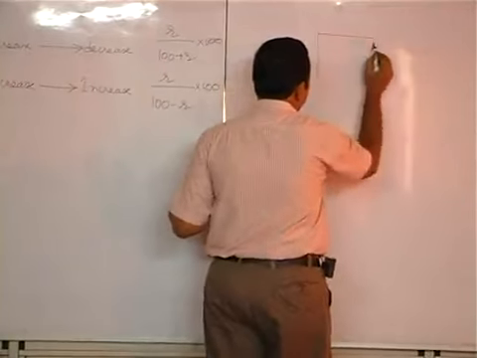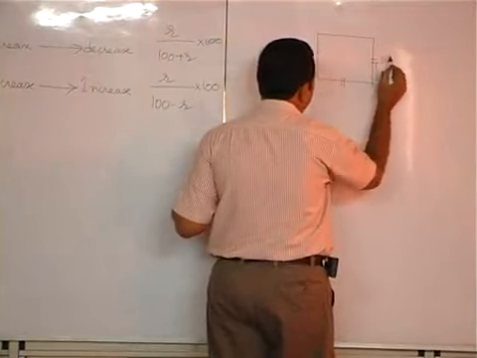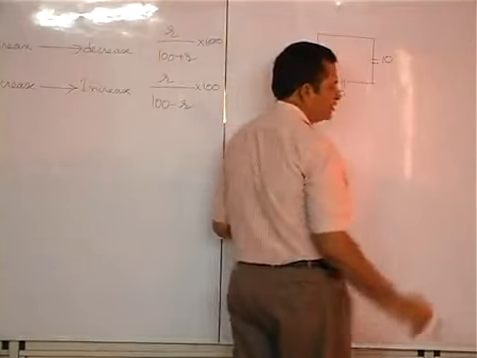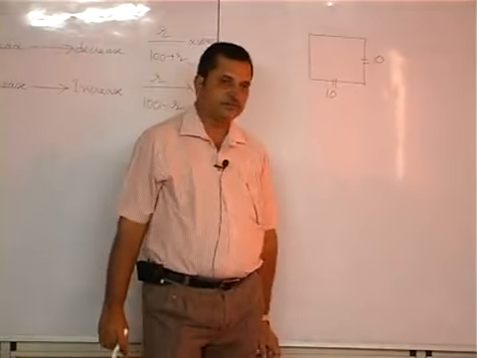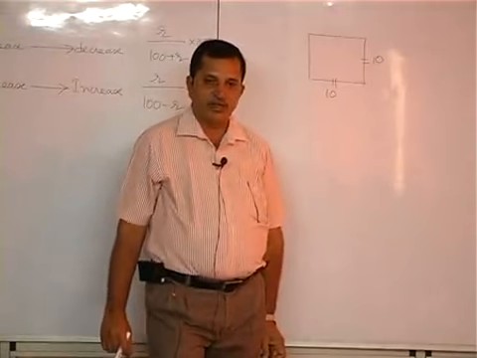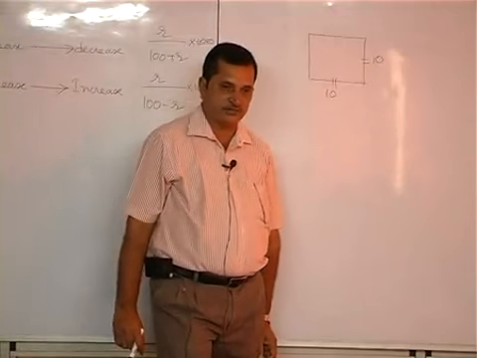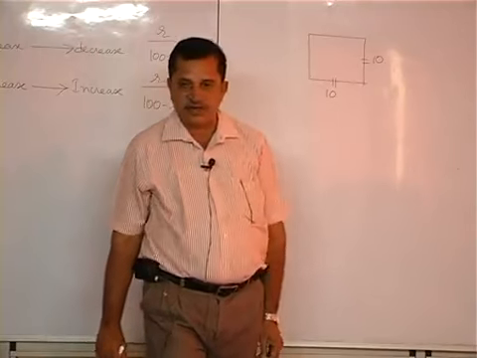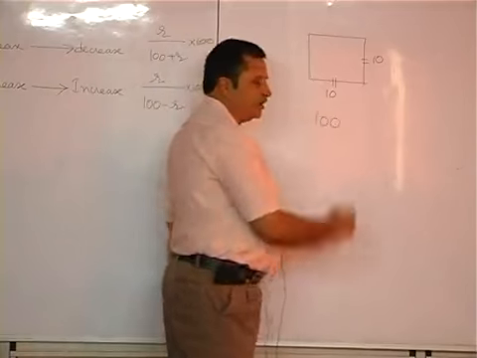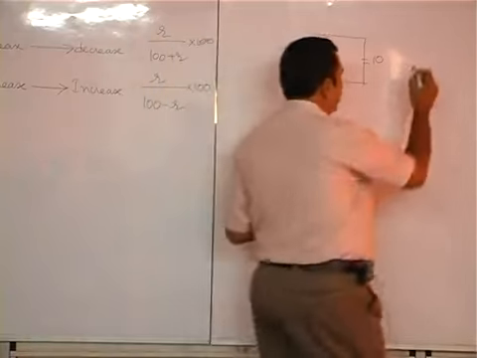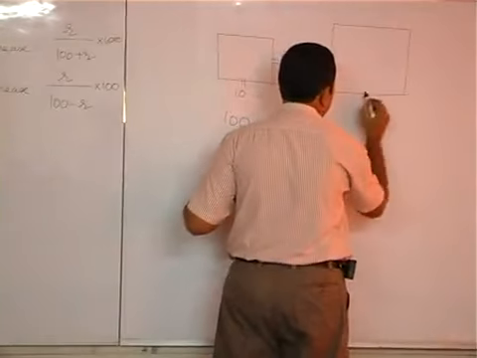Again, let us assume that each side of a square has 10 units. What is the area here? 100 square units. Each side is increased by 50%.